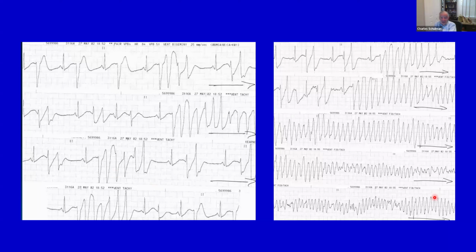So the question is, how would you treat her atrial fibrillation now, with drugs or with ablation? The short answer to that question is with ablation. That's what would be needed.